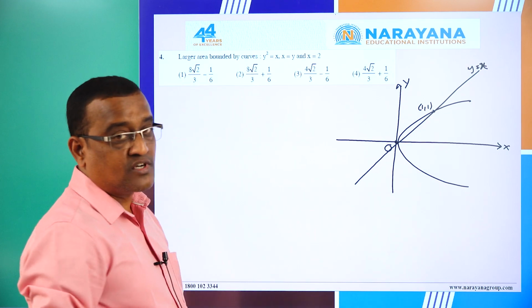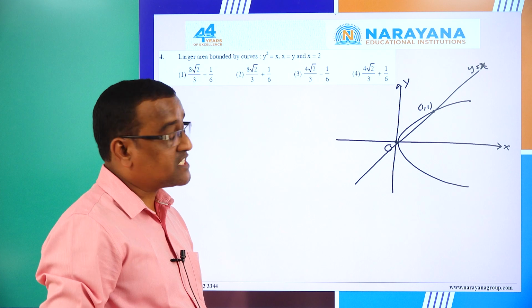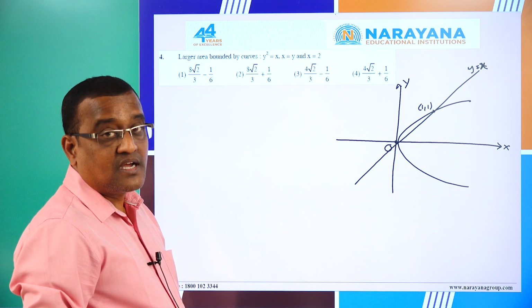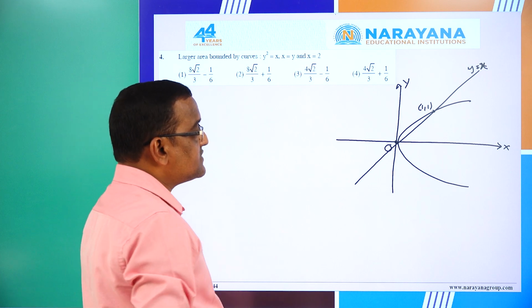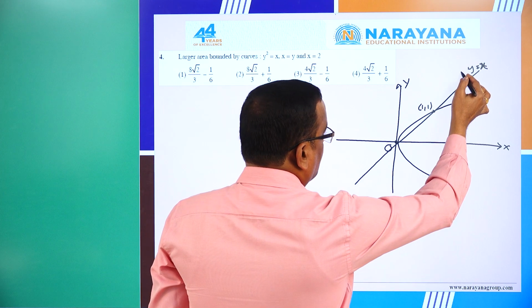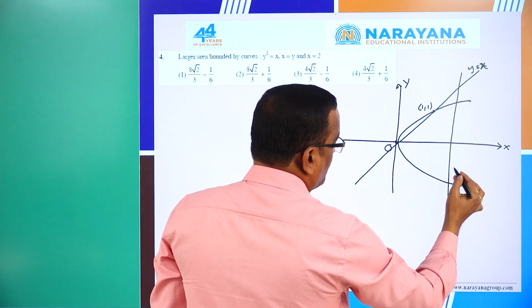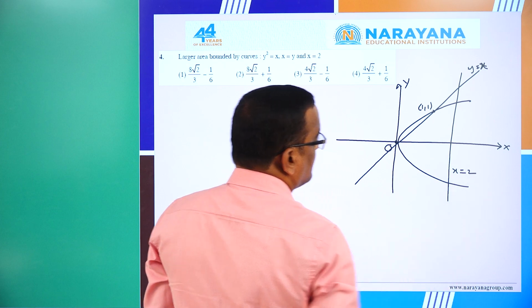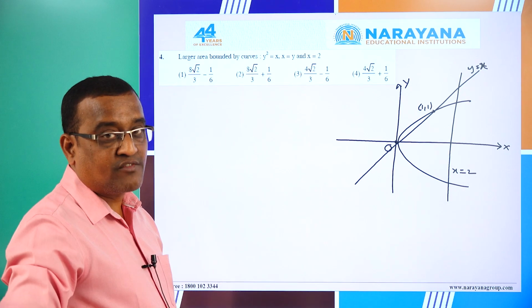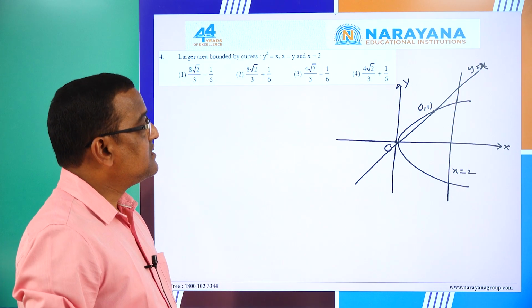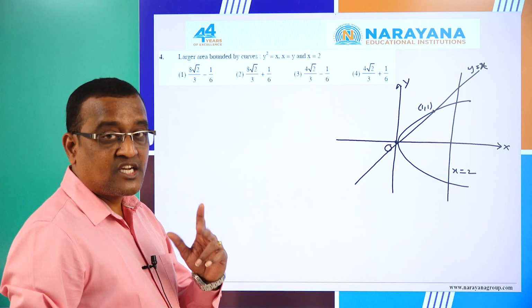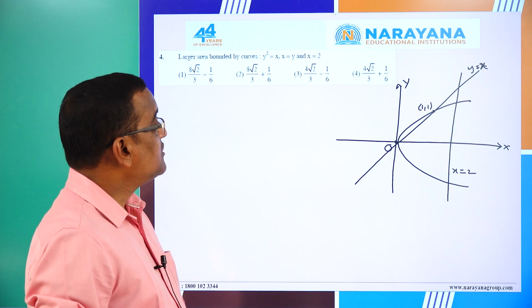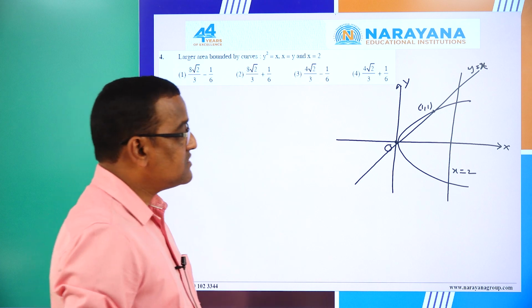Just solving y^2 equal to x and y equal to x, you get the points of intersection. And x equal to 2 is a line parallel to the y axis at a distance of 2 units from the y axis. Now, there are two regions bounded between these three curves.